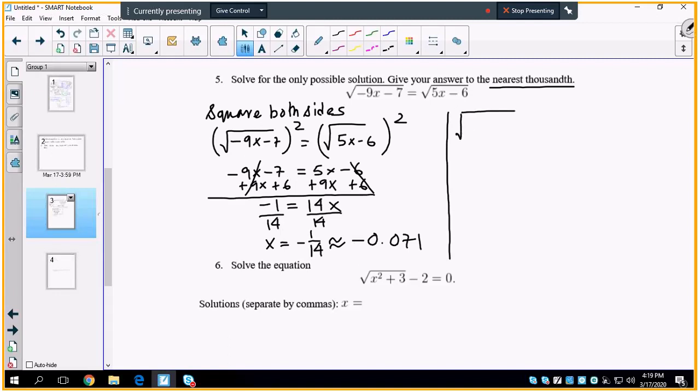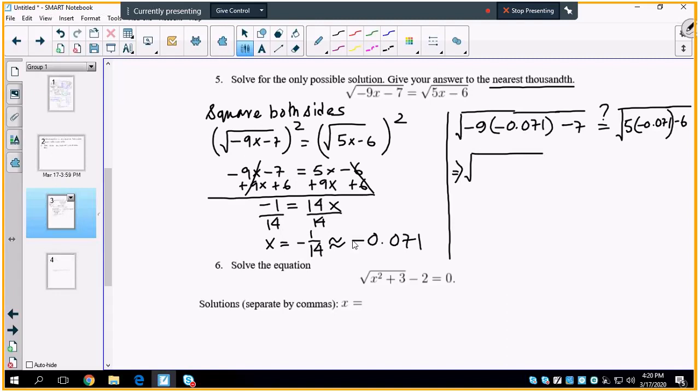So square root of minus 9 times minus 0.071 minus 7, that's the left hand side. Is this equal to square root of 5 times minus 0.071 minus 6? We're trying to understand this. When I multiply negative 9 and negative 0.071, on the left hand side I get 9 times 1, so 9. 9 times 7 is 63, 6 is carrying on. 9 times 0 is 0, so 6.